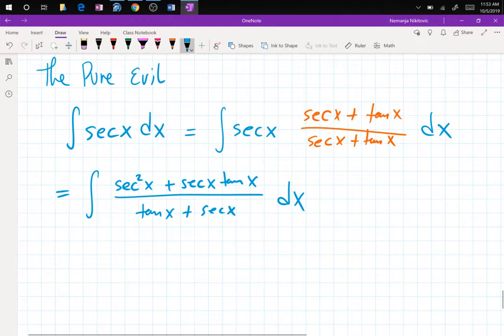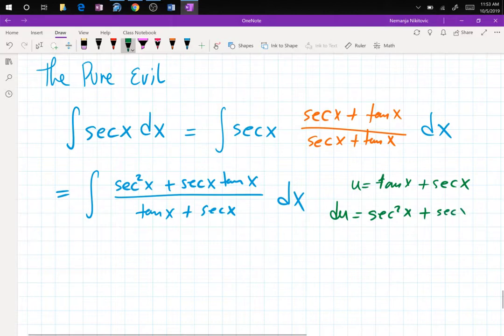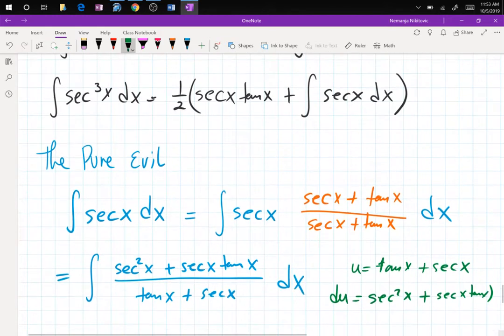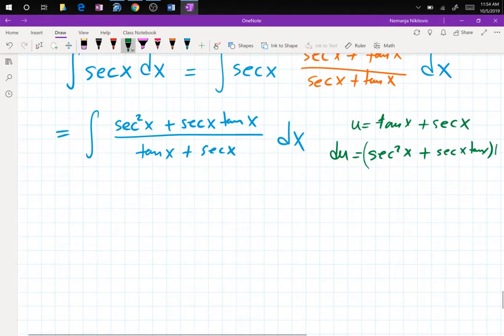And now that you have this transformation, dare I say, U substitution is obvious. Because the derivative of tangent is the secant squared that you have up there, and the derivative of secant is secant tangent. So, if I make u equal to tangent x plus secant x, then the du is the derivative of tangent, secant squared x, plus the derivative of secant, secant x tangent x, everything dx. And that's exactly what we have on top.